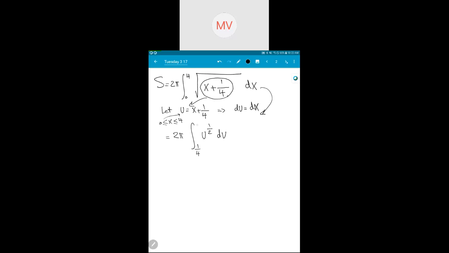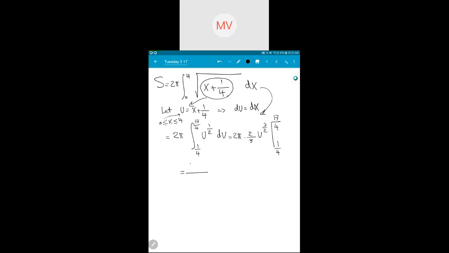And if you plug in 4, you get 4 plus 1/4, that's 17 over 4. Right? Or you can do this antiderivative and substitute u back and then use the same limits 0 to 4 to get the same. So that's 2 pi times 2/3 u to the 3/2. So you do power rule, add 1, divide by the same number, from 1/4 to 17/4.